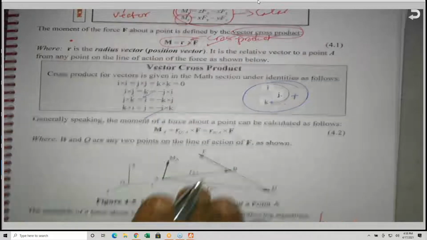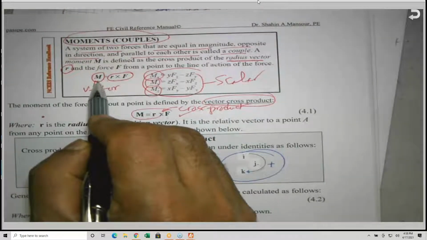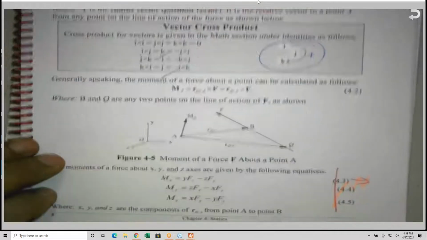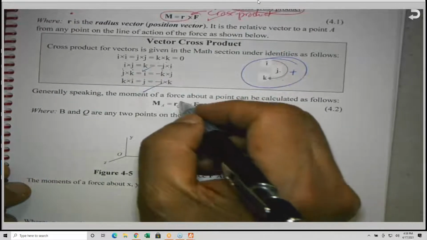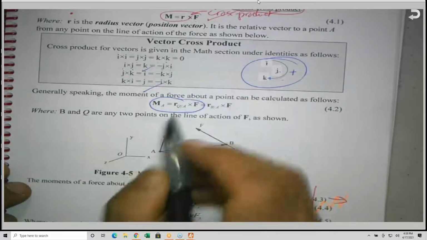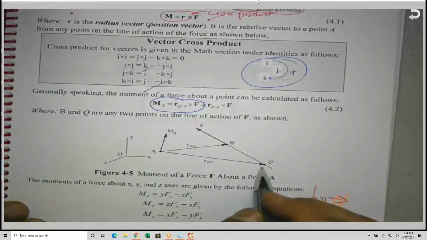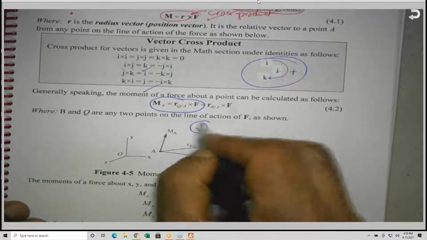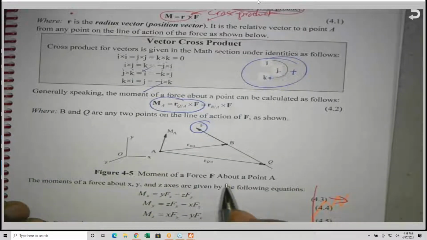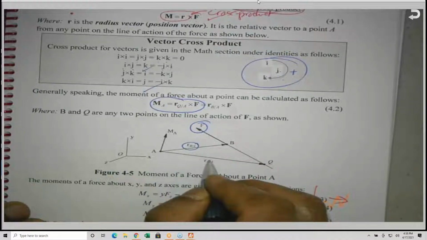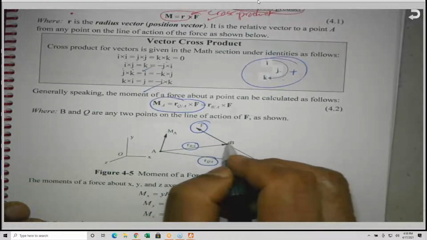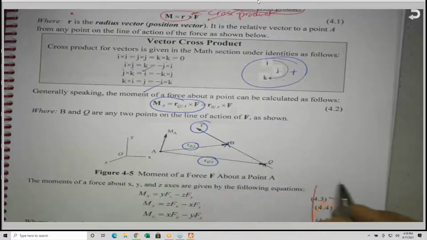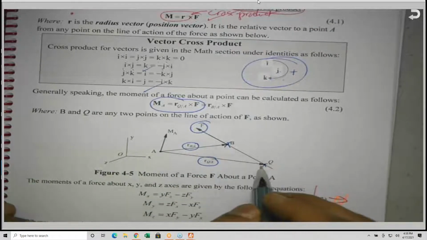So the moment as a vector quantity is equal to R times F, where R is a position vector or the radius vector, as we call it. If I have a force F and I need to find the moment, I can select a position vector R by selecting any point along the line of action of the force.